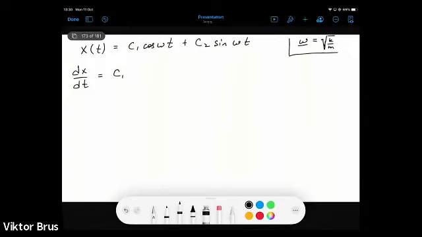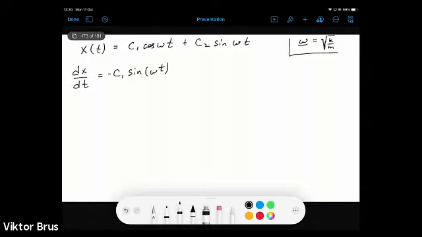We remember that the derivative of cosine gives us minus sine, and the derivative of sine gives us cosine. So that will be minus here. Here will be sine omega t.